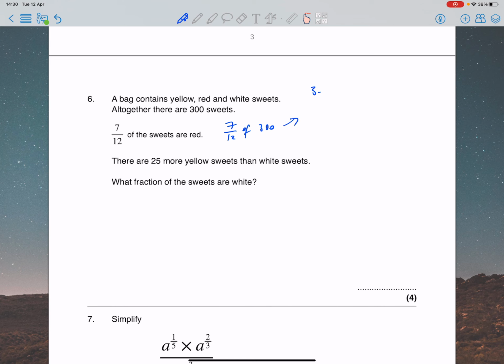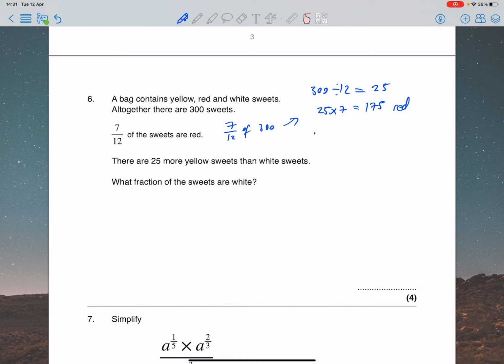So we do 300 divided by 12. To divide by 12, we can divide by 3, then divide by 4, because 3 times 4 makes 12. So divide 300 by 3, that's 100. Divide that by 4, that's 25. And then times that by 7: 25, 50, 75, 100, 125, 150, 175. So that's 175 red sweets.